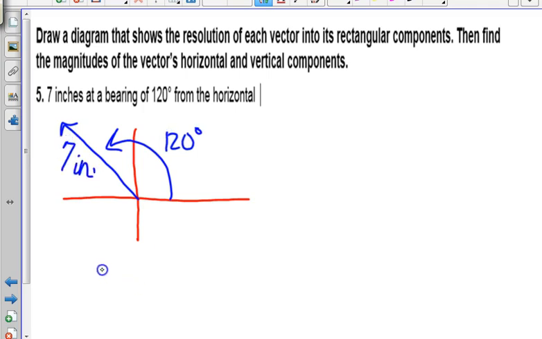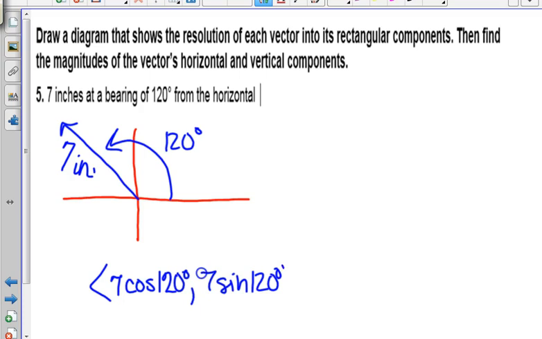So what am I going to type for the components? 7 cosine 120 and 7 sine 120, which should be negative. Yep, going to the left, so I should get a negative x.